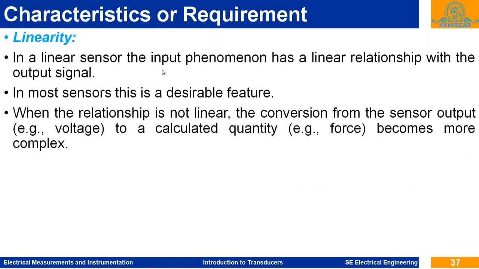Linearity. In a linear sensor, the output has a linear relationship with the input phenomenon. In most sensors, this is a desirable feature. Okay, means there should be a proportionality relation. As your temperature increases, say with your thermistor, it must give the output in proportion to the increase in the temperature. Okay, so why is this characteristic required?